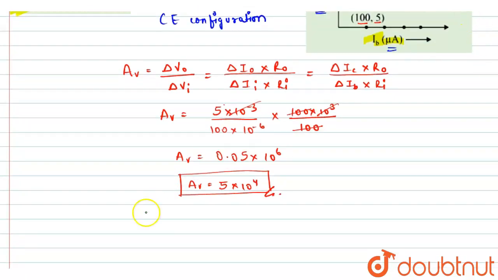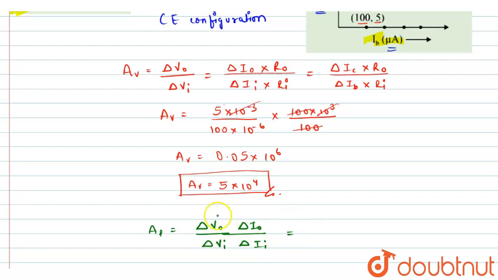Now next we have to find the power gain, which we can write as AP, that is equal to delta V naught divided by delta Vi, multiplied by the change in output current divided by the change in input current.